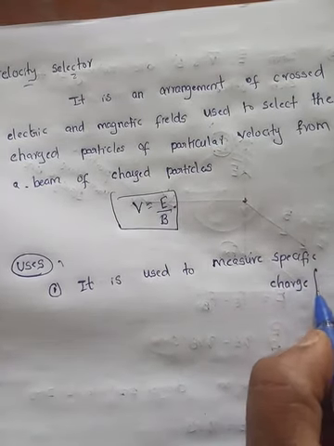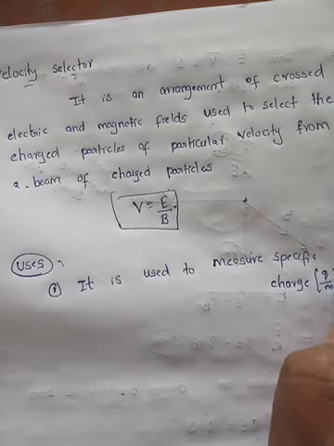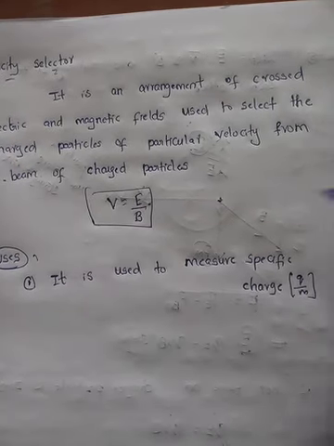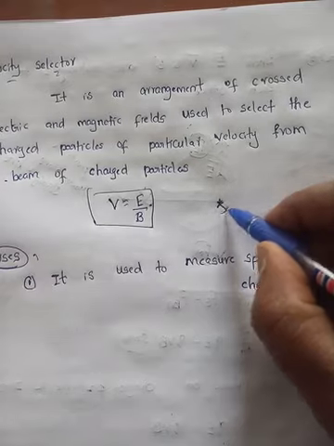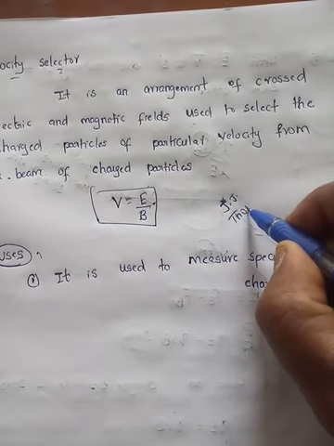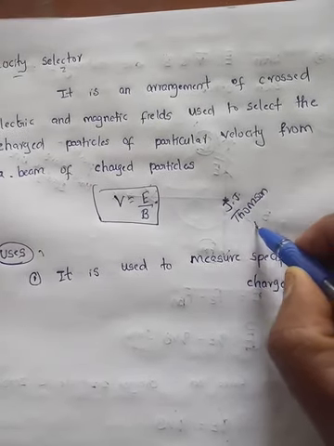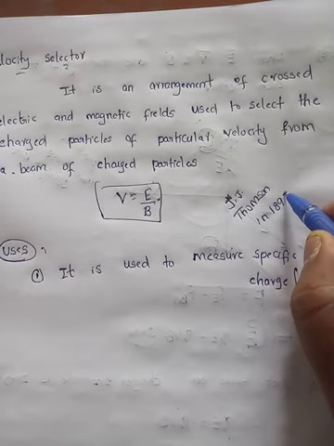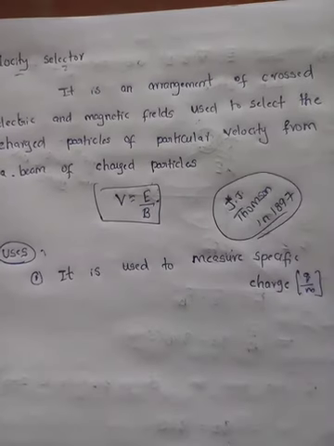So what is specific charge? You know, Q by M. This principle was used by J.J. Thomson in 1897 to calculate the specific charge.